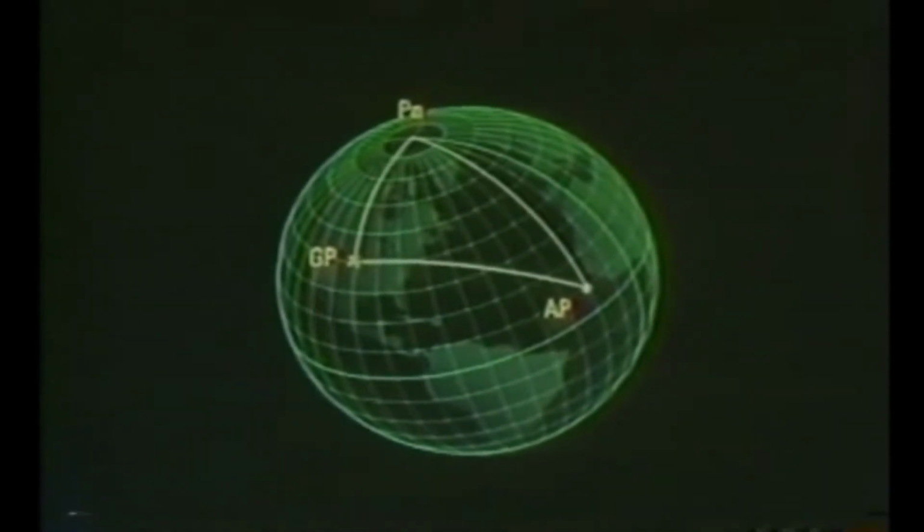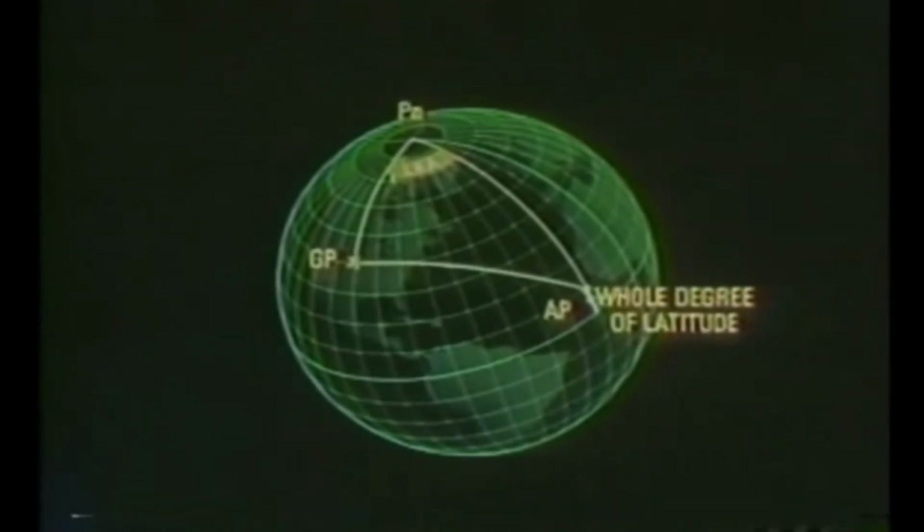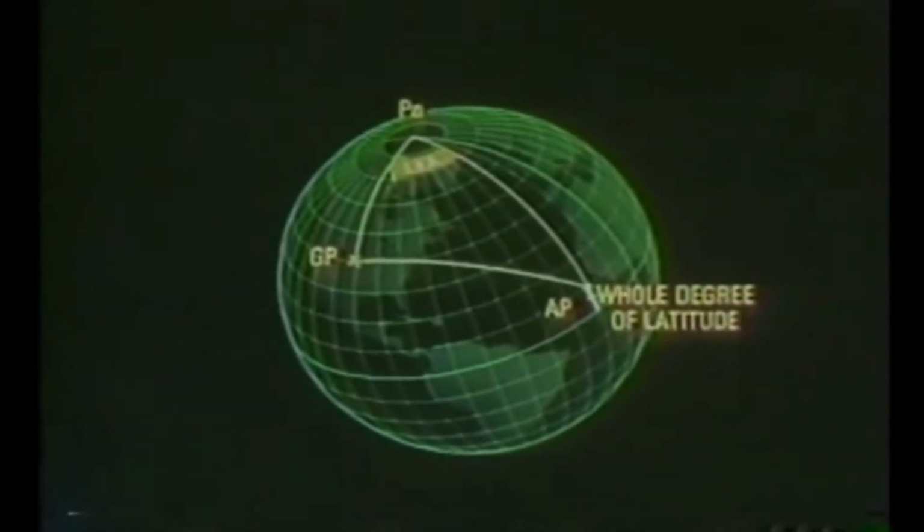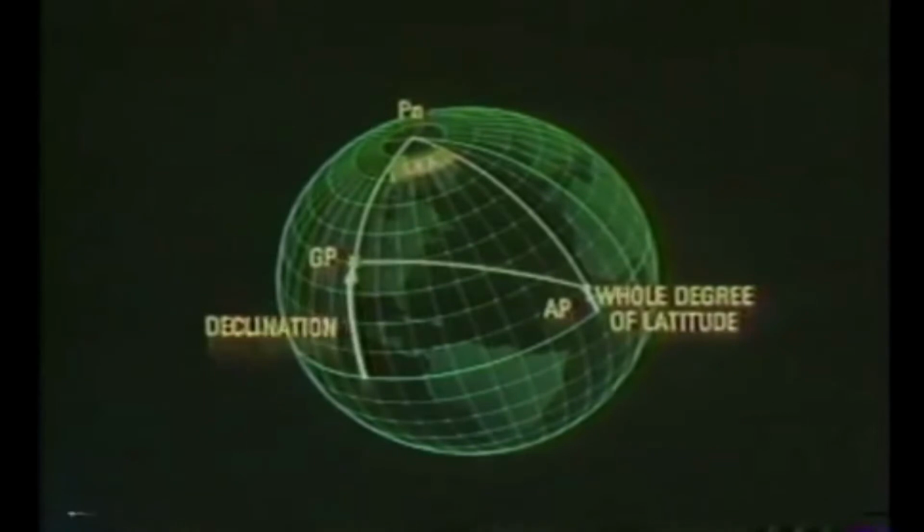Most of the computations have been done by mathematicians who have created tables designed for three inputs: LHA of the celestial body, whole degree of latitude of your assumed position, and declination of the celestial body.